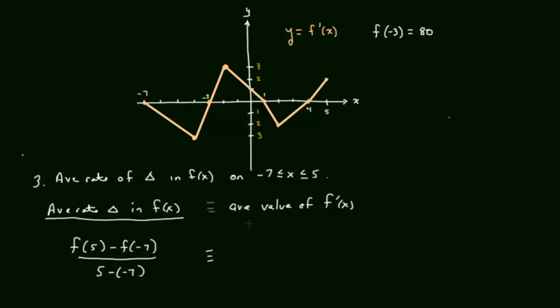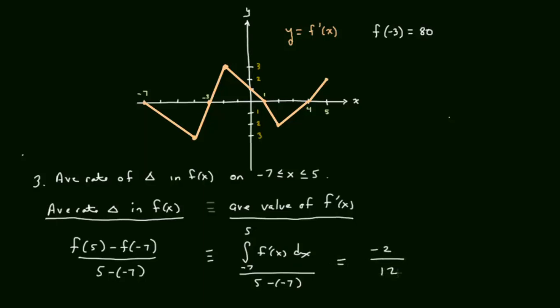Or, if we do it this way here, the average value of f prime of x, well, then it's the integral from -7 to 5 of f prime of x dx divided by the interval 5 minus -7. You can do it either way, but they will both yield a numerator of -2 and a denominator of 12, simplifying to be -1/6.